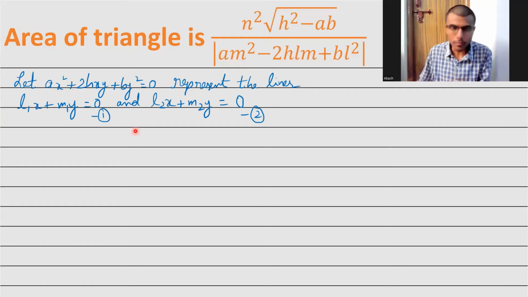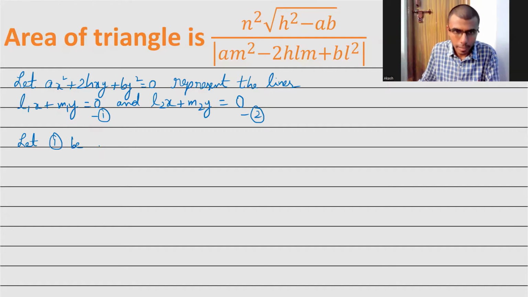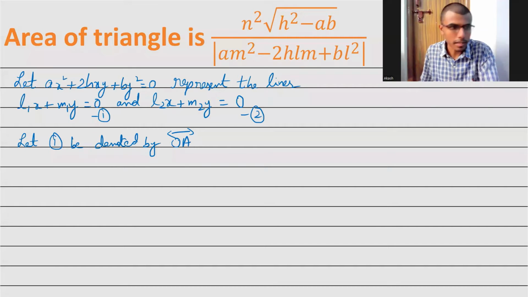Now apart from this, I'm going to denote this first line as OA and second line as OB. Okay, like not bar exactly, you'll understand. Let 1 be denoted by OA, and the symbol is this. It's there in the textbook, so I'm just putting it as it is.